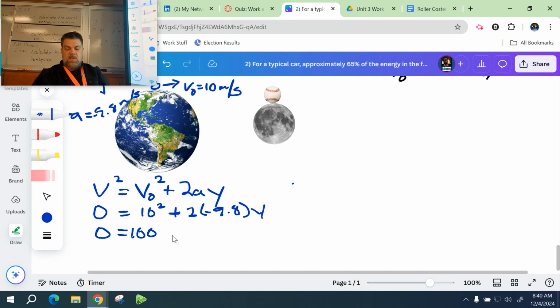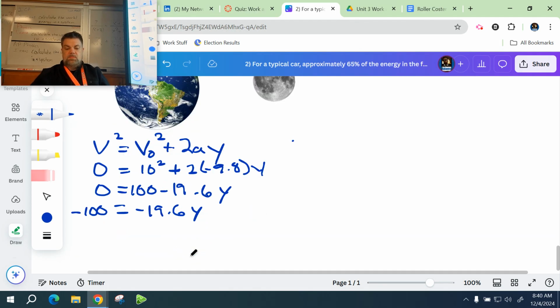So this ends up becoming negative 19.6 times y. So then the next thing I do is I subtract 100 from both sides. I get negative 100 is equal to negative 19.6 y. Divide both sides by negative 19.6. The negatives will cancel out.